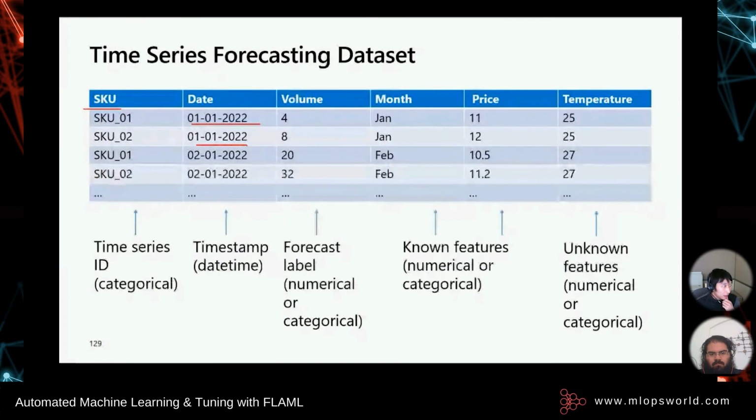Different values like SKU number 1, SKU number 2 correspond to different product SKUs in this case. Each product SKU has its own time series. For example, for this date, January 1st, we have the sales number for SKU 1, SKU 2 respectively. The same for the second date. So this single data frame can contain multiple time series, and they are separated by the ID column, which is categorical.